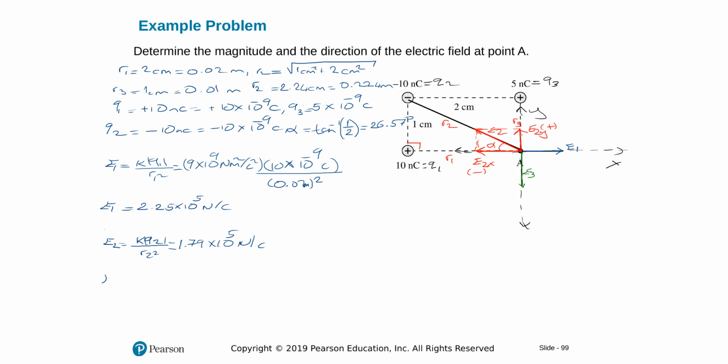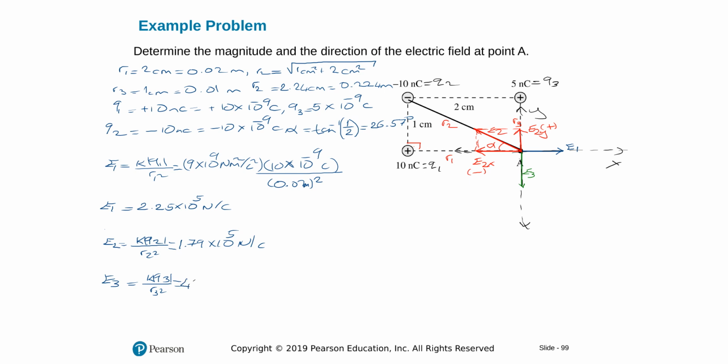And similarly, E3 will be k Q3 over R3 squared, of course, and the value should come out as 4.5 times 10 to the 6.